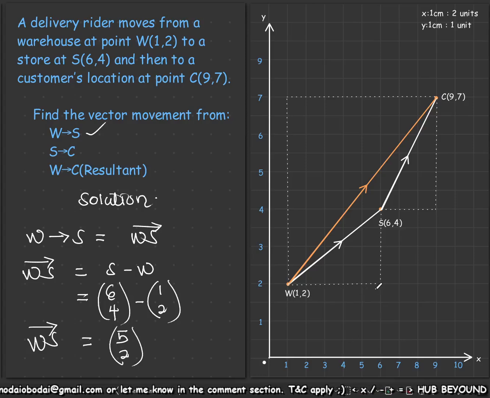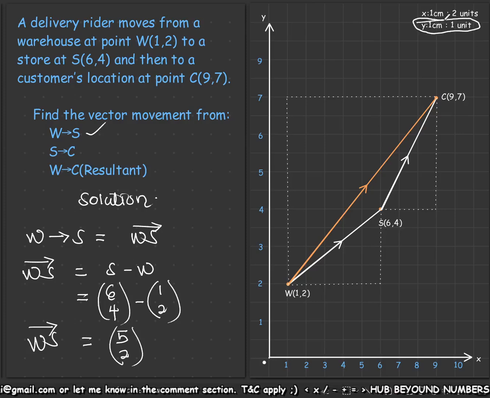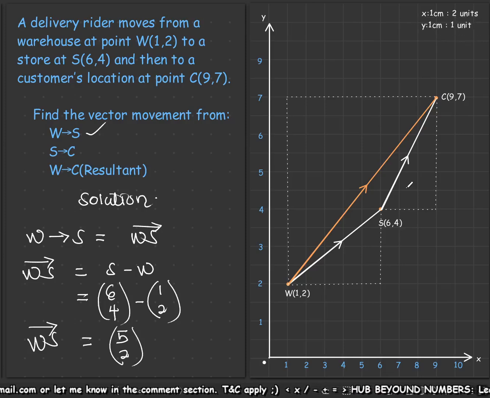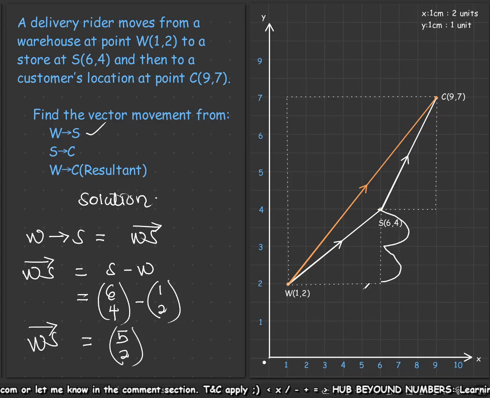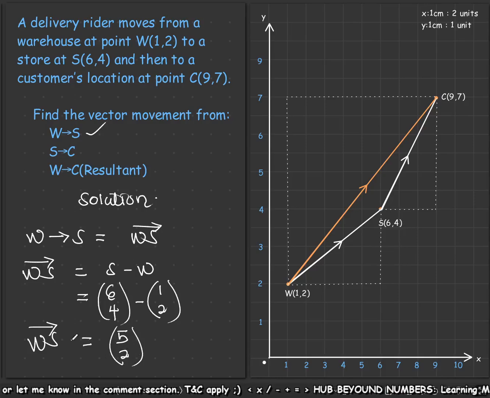Now, after getting your x paces, you are here. How many movements do we need to get to S? Remember, that of the y-axis is for every 1 centimeter is about 1 unit. So this is 1, and then this is 2. And that is the 2 over here. You see? So you can solve it this way, and you can also solve it this way as well.